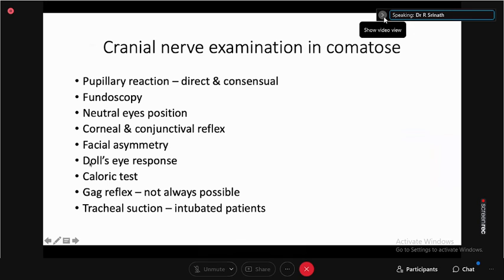Caloric test is not always possible, but you can always attempt after seeing the tympanic membrane is not perforated. Gag reflex is not always possible unless the patient is cooperative, and tracheal suction in intubated patients also gives a gross finding about the functionality of the brainstem.